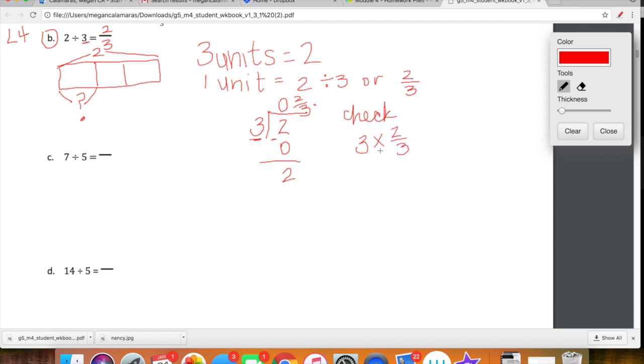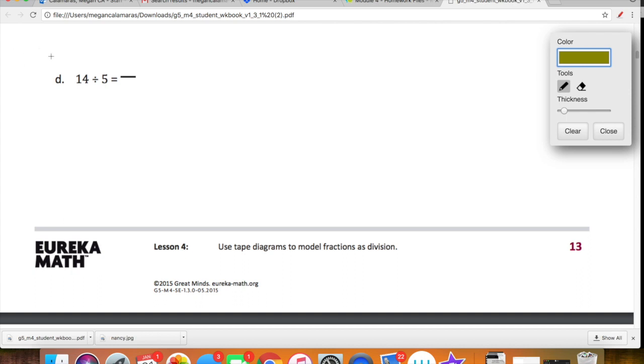We know that multiplication is repeated addition, so we're just going to add up 3 sets of 2/3, and let's see what we get. 2/3 plus 2/3 plus 2/3 is equal to 6/3. 6/3 is equal to 6 divided by 3. 6 divided by 3 is equal to 2. Okay, cool.